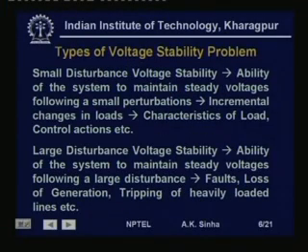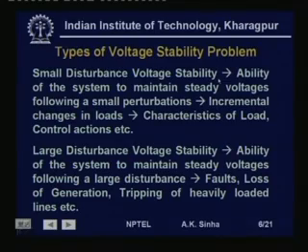Now, if we have distinguished between these two, and we are trying to look at the voltage stability problem, then we need to look at it from different angles, whether we are looking at the small signal stability part, that is, small signal voltage stability, or whether we are talking about large signal voltage stability.